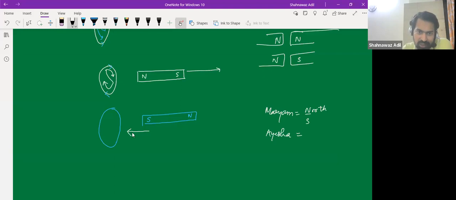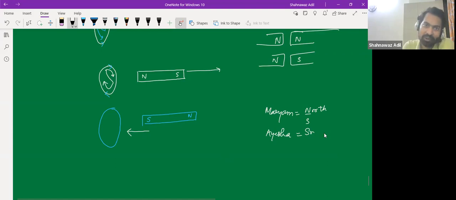This south pole is approaching. This is moving in this direction. So what should be the polarity of this coil so that it opposes the motion of this magnet? South. Okay, so now Mariam has changed the answer, so it is south.